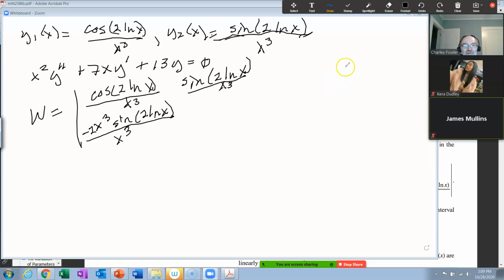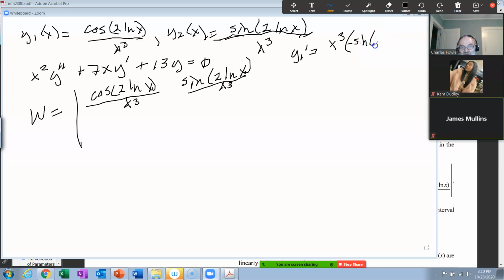I think what I'm going to do, just because it's so messy, let's take the first derivative of this. I almost had it before, but I decided to quit. I wish I hadn't. The y1 prime is equal to low d high, x cubed times derivative of this, which would be a minus sine of 2 log x times 2 over x.